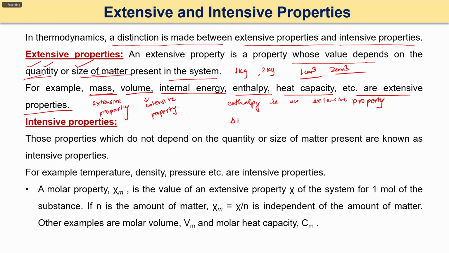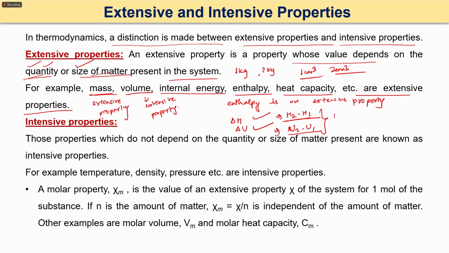Like we calculated delta H, we calculated delta U. Delta H means H2 minus H1, and delta U is nothing but U2 minus U1. If you can calculate it, you can add or subtract it, then it is definitely an extensive property.